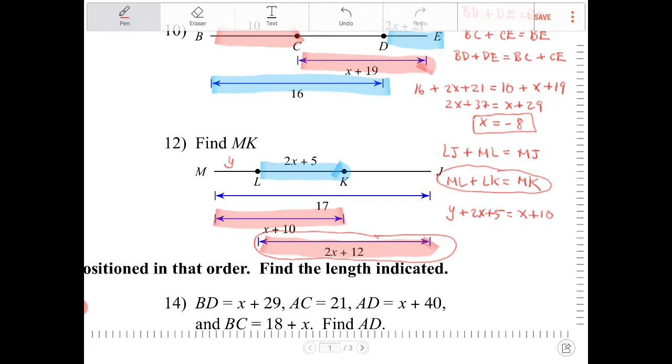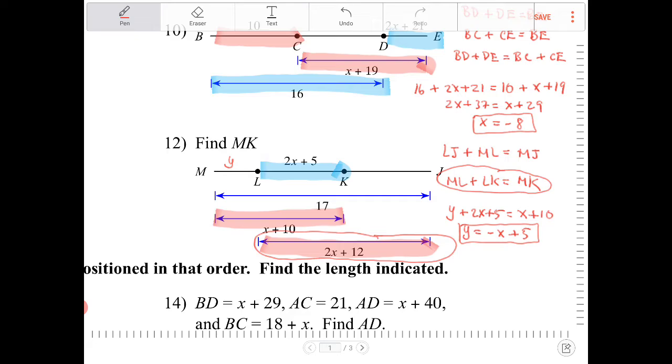I want to solve for Y. Once I solve for Y, I can then substitute that in for ML in the first equation. So what will Y equal? If I subtract both sides by x, by 2x, and subtract both sides by 5, I end up with Y is equal to negative x plus 5. So this is Y, or otherwise this is known as ML, right?